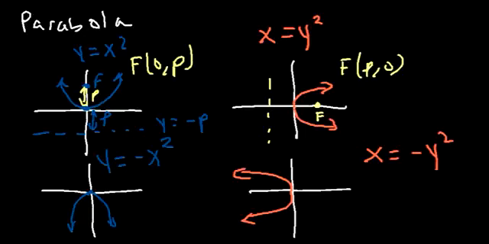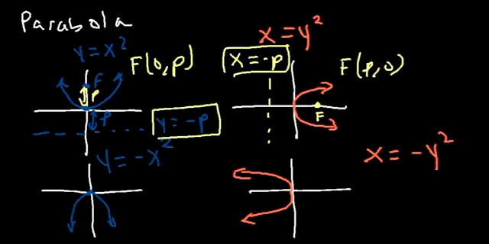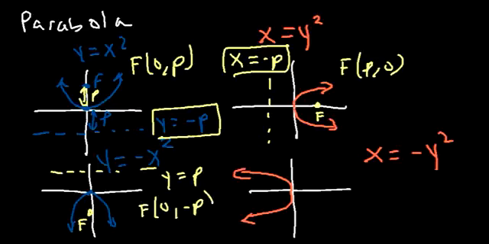Here you went p units to the right. For this one, the directrix is x is equal to negative p rather than y. And over here, it's y is equal to positive p. And since the focus is below the origin, the coordinates is 0, negative p.